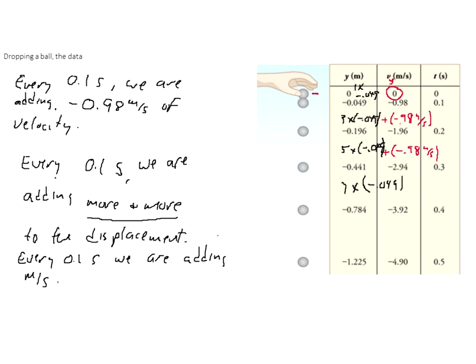We're adding meters per second, thus we must be increasing the number of meters added. Obviously, we're not locked into meters as the unit. It's just that this example was meters.